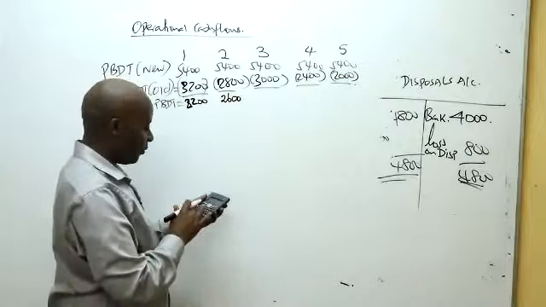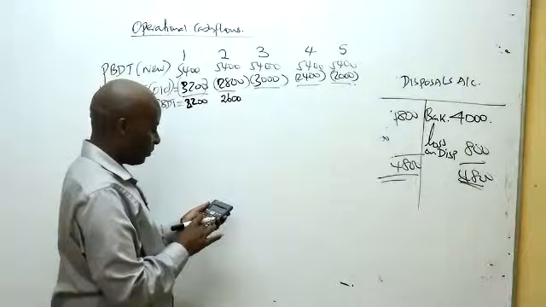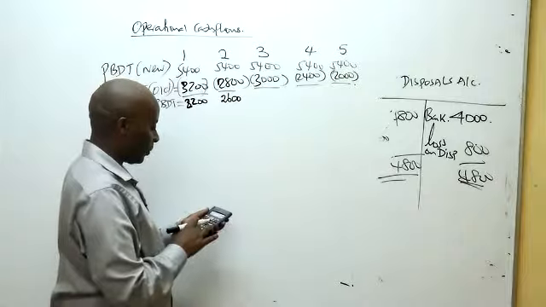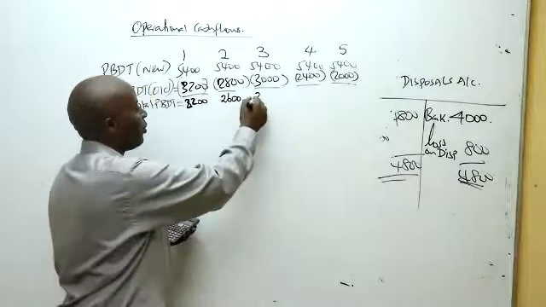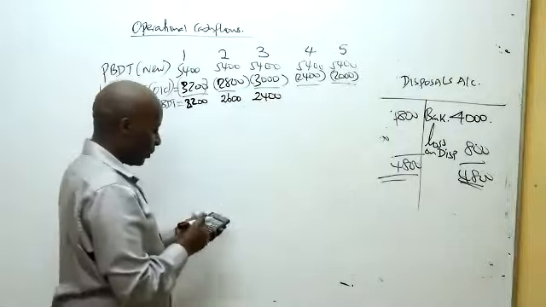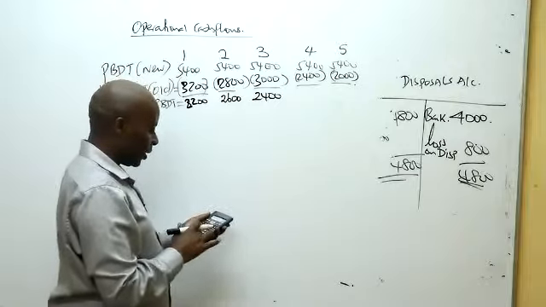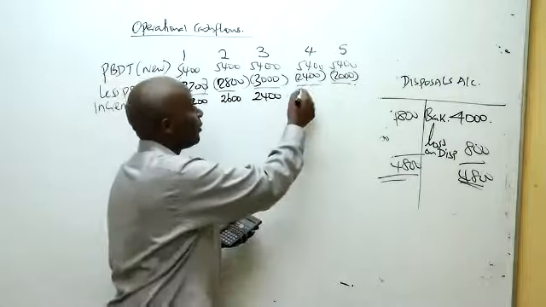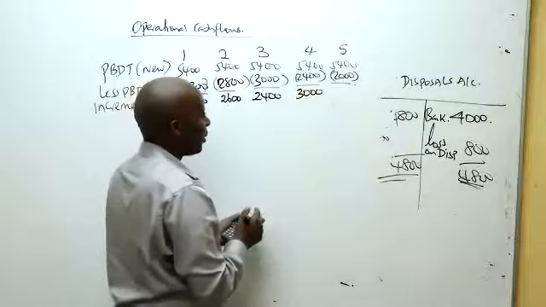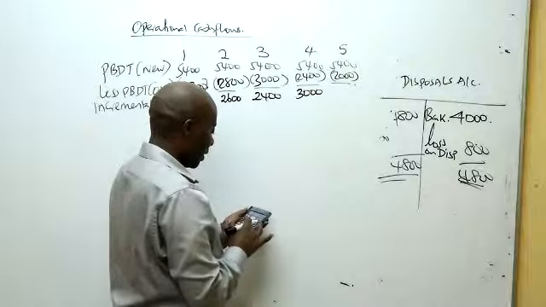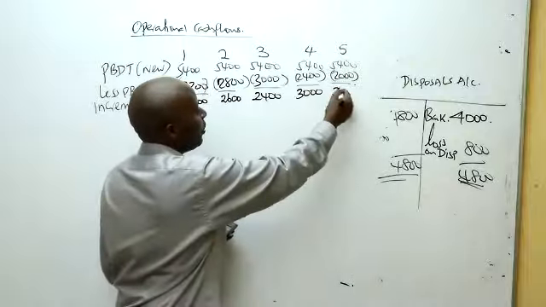From there we have 5,400 minus 3,000, which gives me 2,400. From there we have 5,400 minus 2,400, which gives me 3,000. So 5,400 minus 2,000 gives me 3,400.